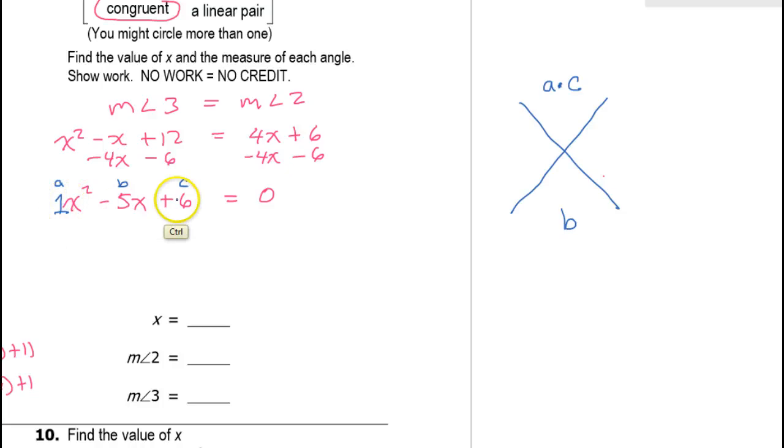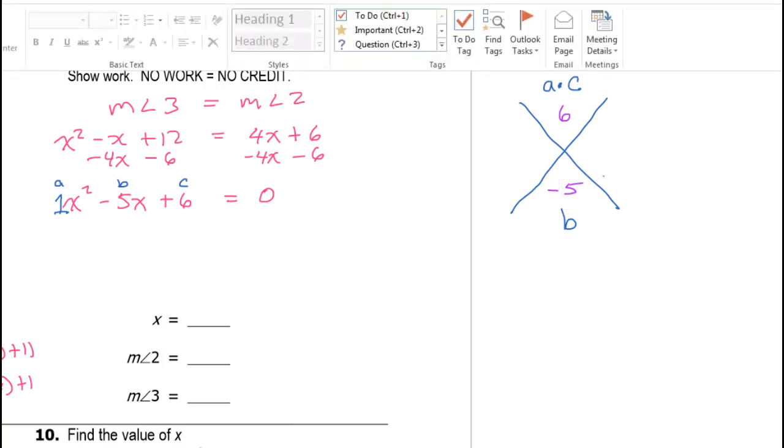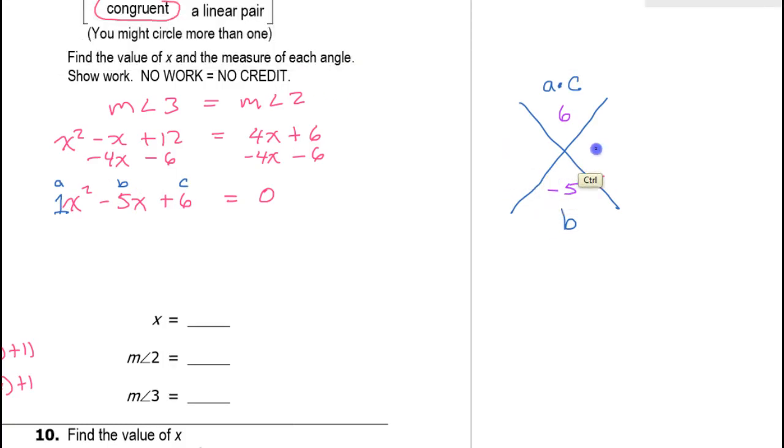So A times C, that's 1 times 6. So this is going to be 6. And then my B value is going to be negative 5. So what I need to do is find two numbers that multiply to give you 6, but if you add them, you get negative 5.